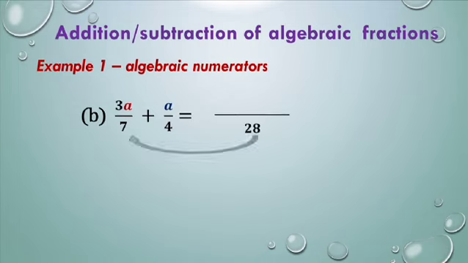Now, 28 divided by 7 gives me 4. 4 times 3a, the numerator of the first term, plus 28 divided by 4, which is 7, times the numerator of the second term, which is a.